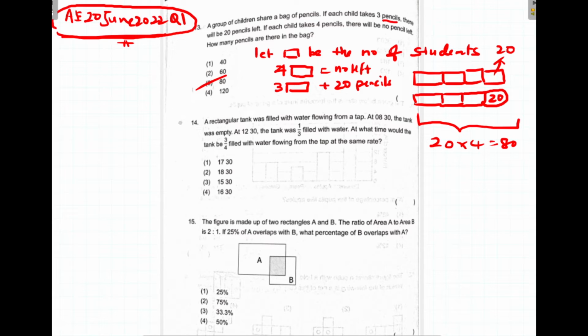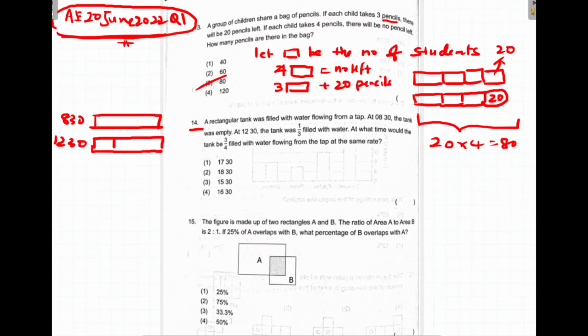Okay, another one is actually question 14. Question 14 states that at 8:30, the tank was empty. So at 8:30, this bar, the tank, is empty. By 12:30, the tank remains the same shape.